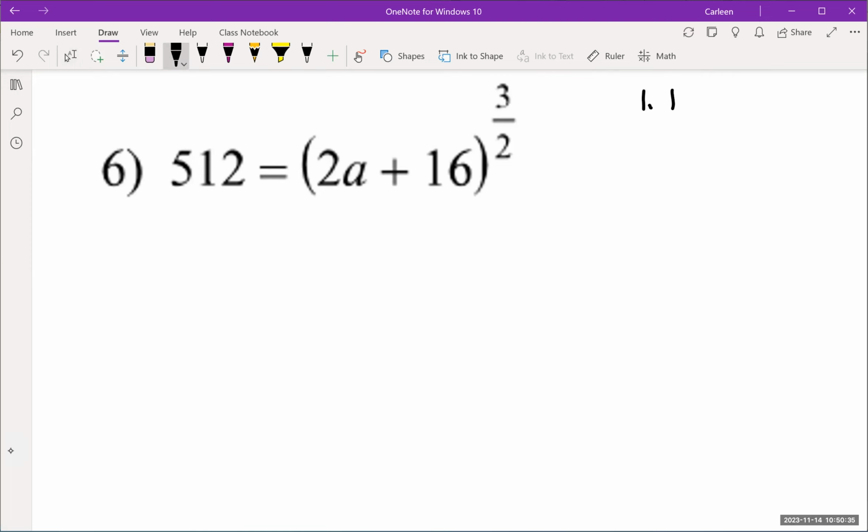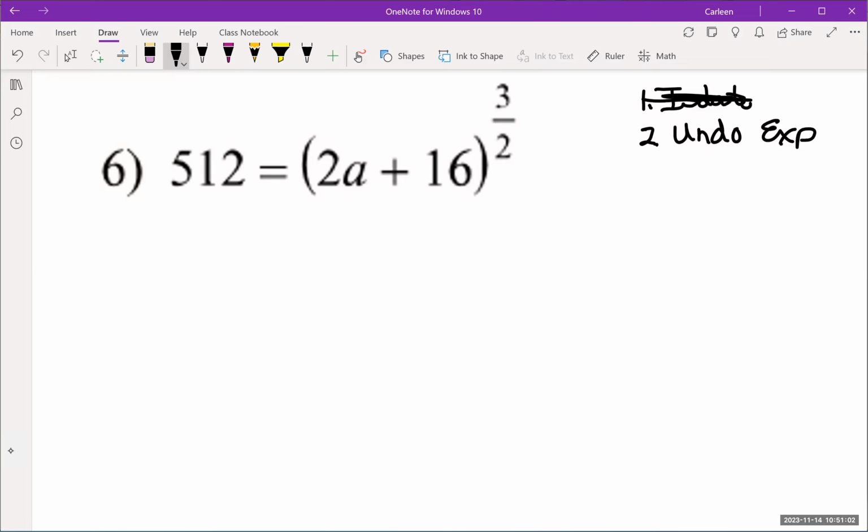So we're going to isolate. And we're going to undo the exponent. Now, is there anything I can do to isolate? Is there anything not included in the parentheses that I can divide by?